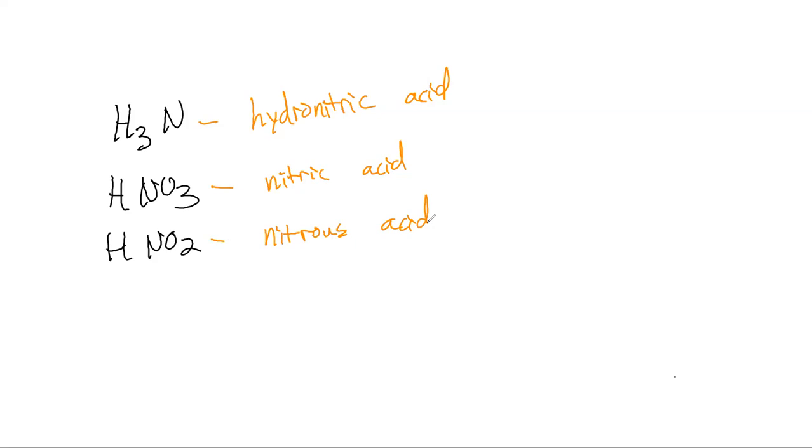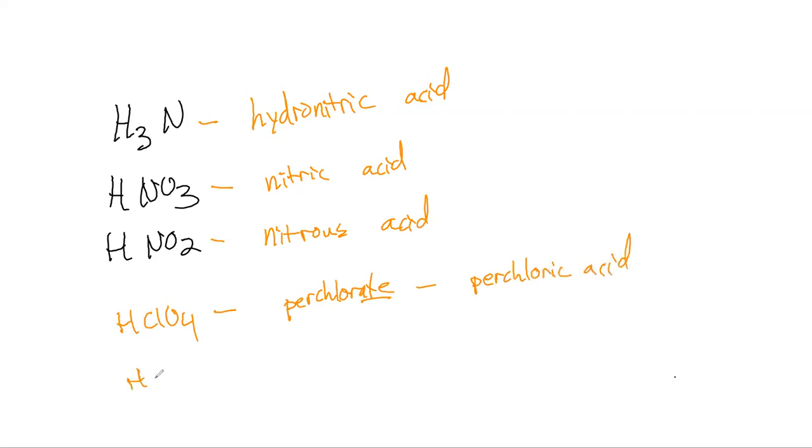Now, sometimes you might get more complicated polyatomics. You might have something like this, which is perchlorate, but the rules still stay the same. So if it's perchlorate, we still only change that ending because it still ends in ate. So this becomes perchloric acid.